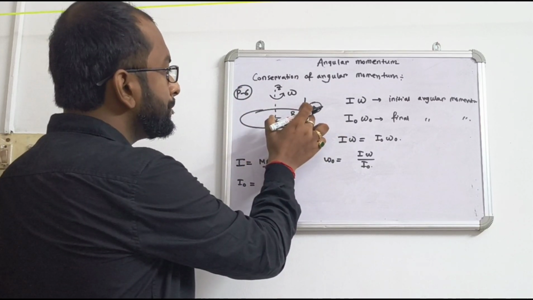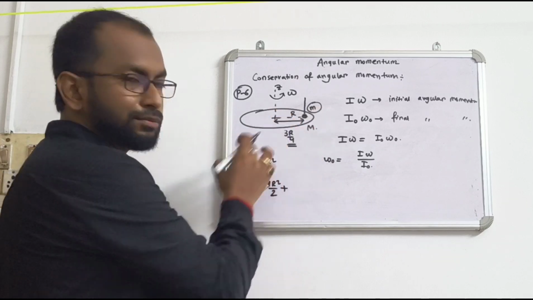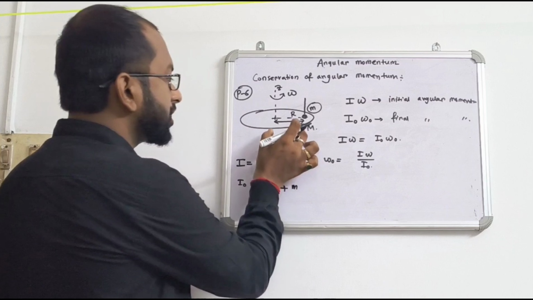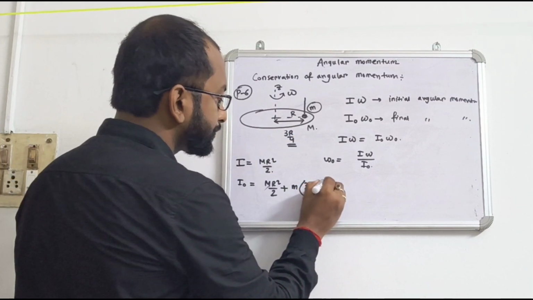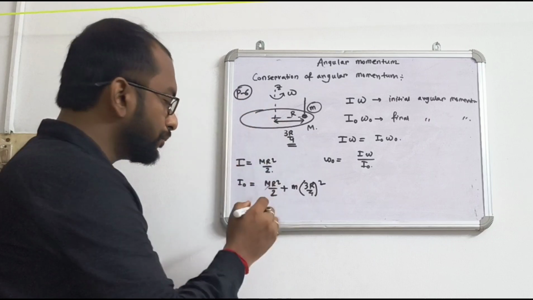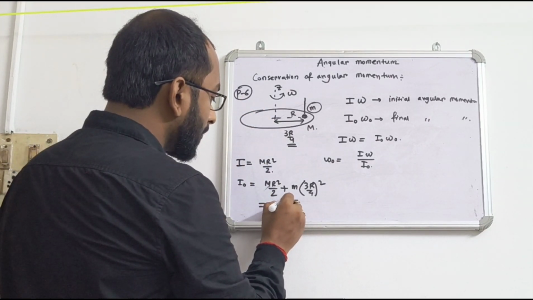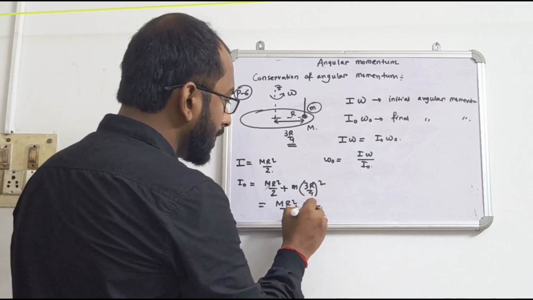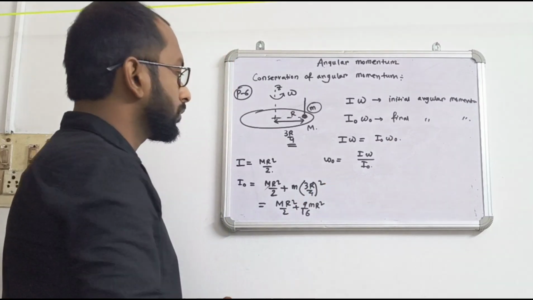So m mass is located at distance 3r by 4 from the axis of rotation. So we can write mass into distance from the axis squared. So the new moment of inertia is becoming M r square by 2 plus 9 by 16 small m into r square.